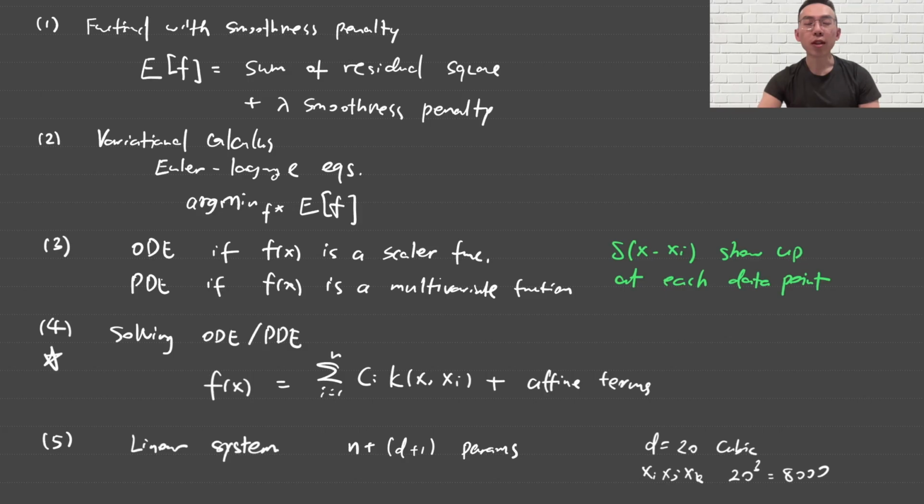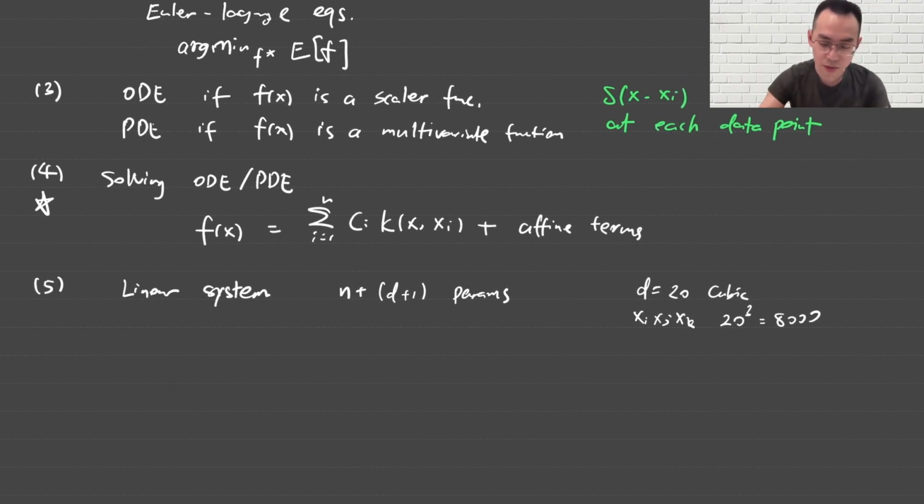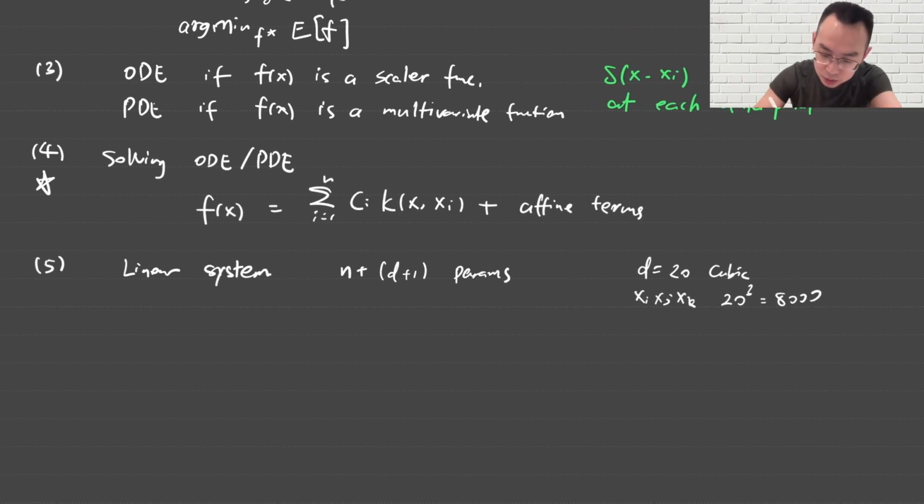Okay, so for the next few videos, we are just going to look at kernel ridge regression in particular, because remember that at the end of our solution here, in our linear system, we have this equation, right? We have K plus lambda I times c equals y, right? So that's the equation we are solving. So this thing actually looks a lot like our ridge regression, right?